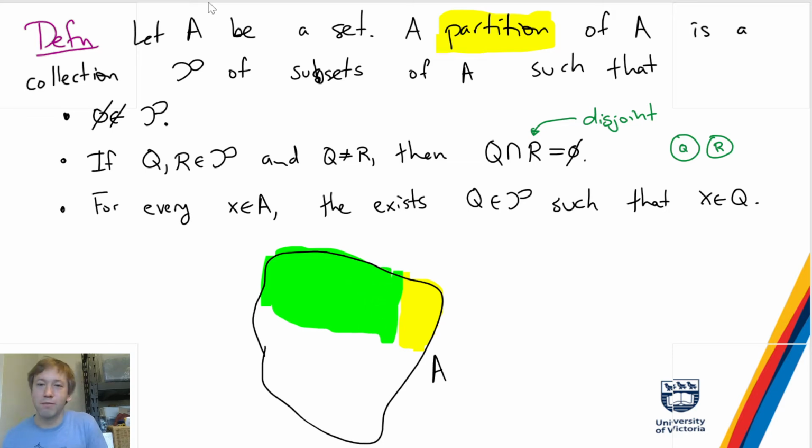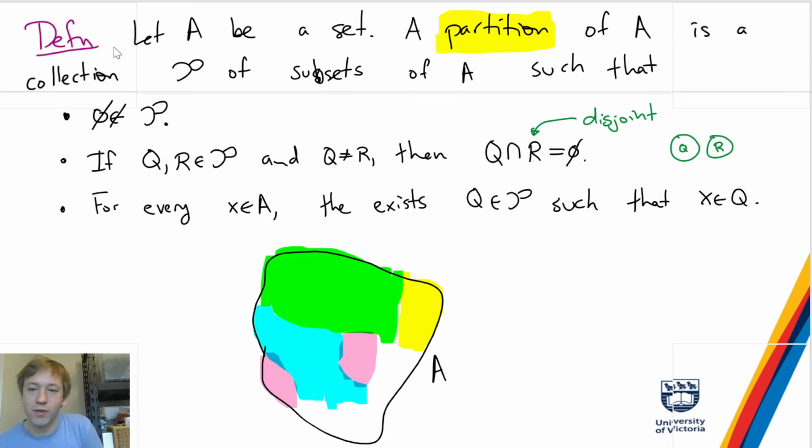But basically you're breaking up the elements of A into classes. Then you've got the pink set, which might look like this, and the aqua set. I guess this color is called aqua according to PowerPoint.